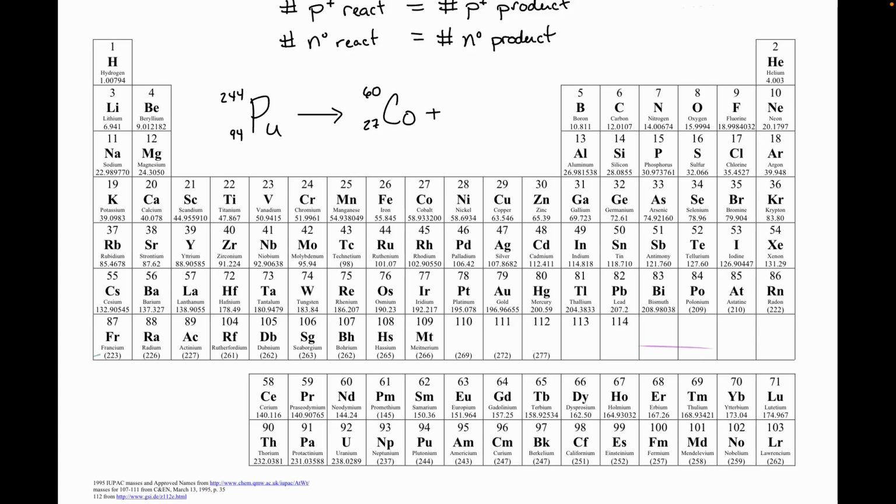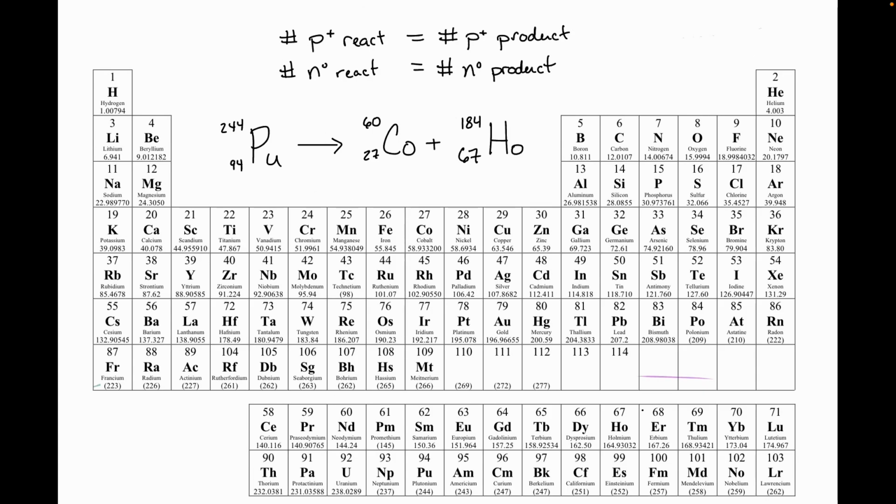What's the atomic number of my other fragment going to have to be? 67. So then I'll go look up element 67, holmium. Again, who's heard of that? And then what's the mass number of my next fragment going to be? The 184. All right, so balancing these nuclear equations, we have this very simple principle, right?